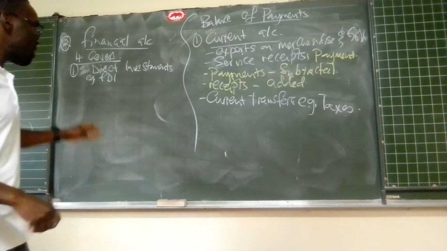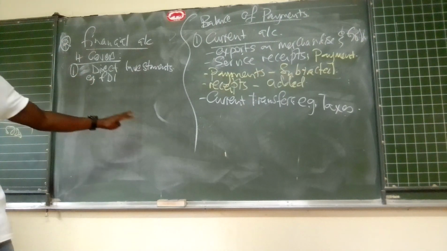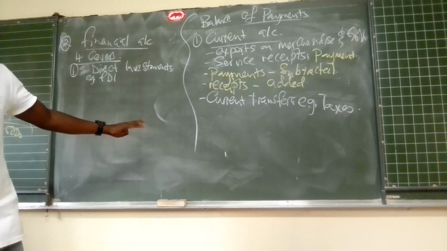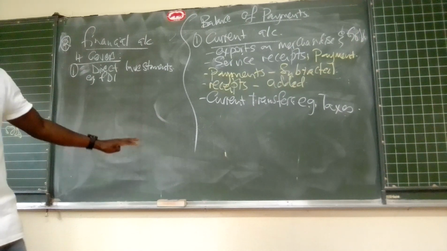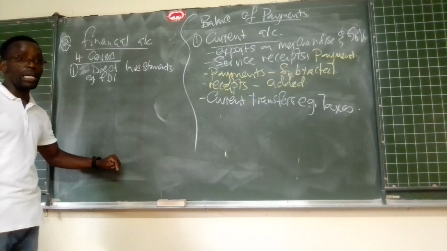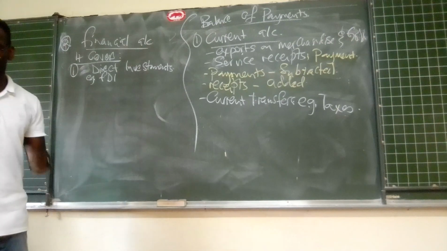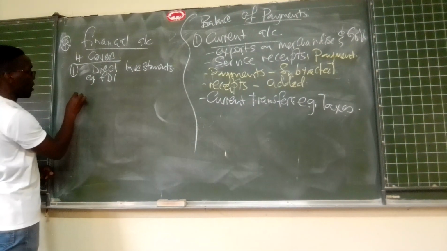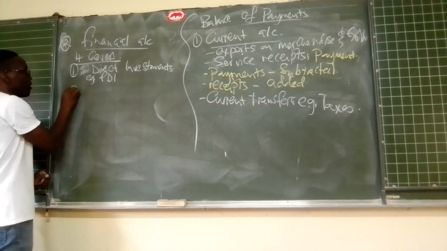Which means if there is any investment that we receive as a country where the investor has an intention of gaining control over the business, then that is referred to as direct investment. Are we together there?